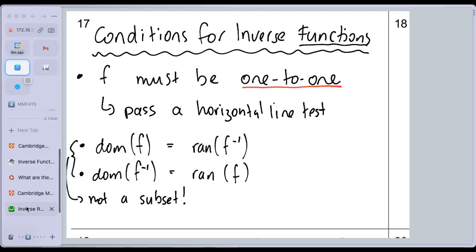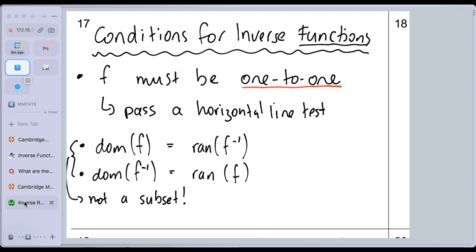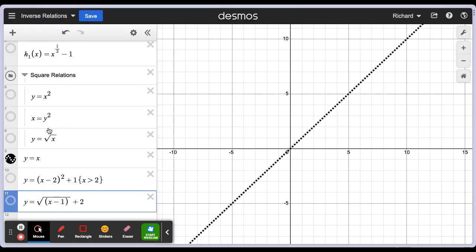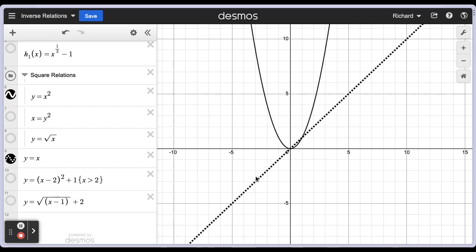Just really quickly, I'm going to go back to this graph a few times. If I have y equals x squared, that's your old classic parabola shape. If I go to x equals y squared, I know I showed you this before, it goes on its side. So when I switch the inputs and outputs over, whilst the rule works, it's the inverse, the red line fails the vertical line test.